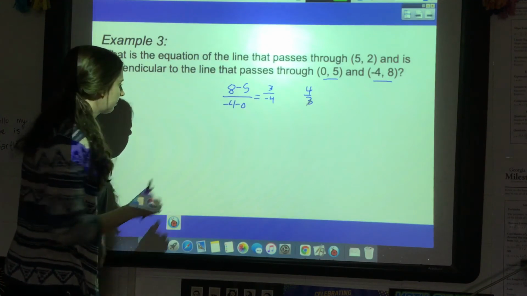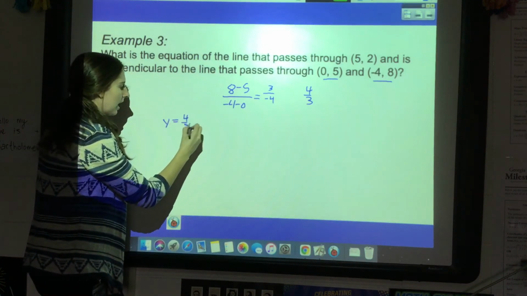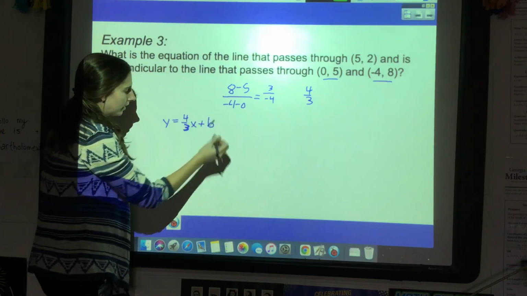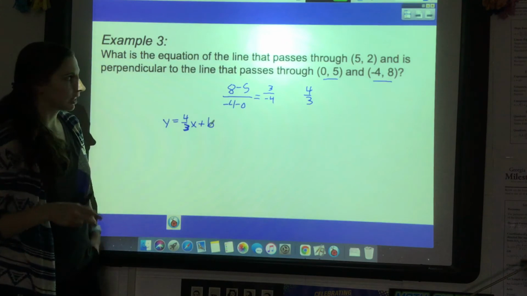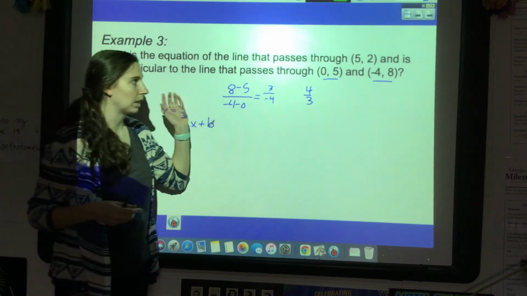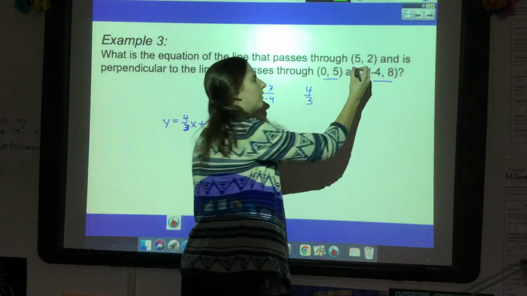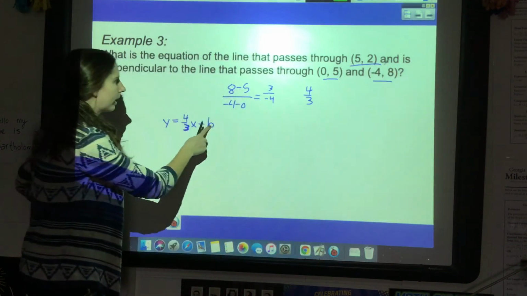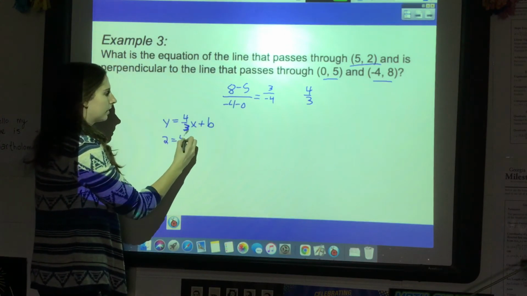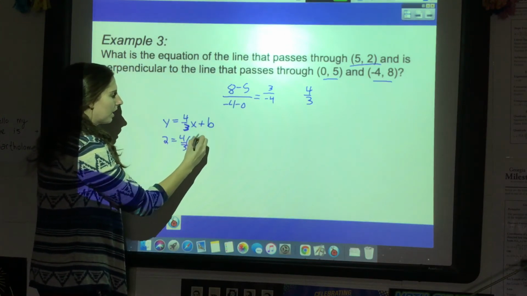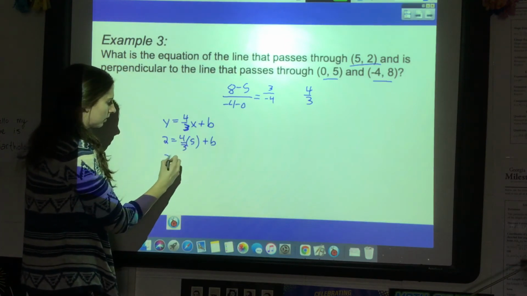All right. So I know my equation is 4/3 x plus whatever the y-intercept is, but again, I don't know it. So I have two options. I could just do point slope form like we just talked about, or we could plug in this point (5, 2) and solve for the y-intercept, which is what I'm going to do. So put in 2 for y, put in 5 for x, and solve for b. This is 20/3.